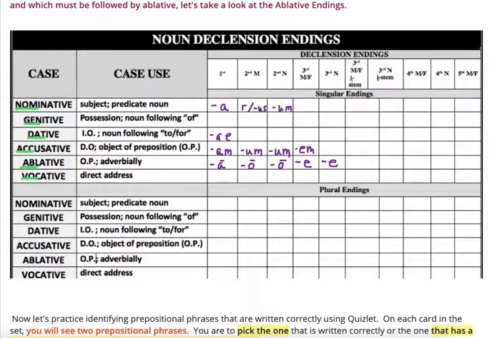You can pause the video if you would like, and then resume once you have written in the 5 ablative endings that we are going to be working with in this lesson.